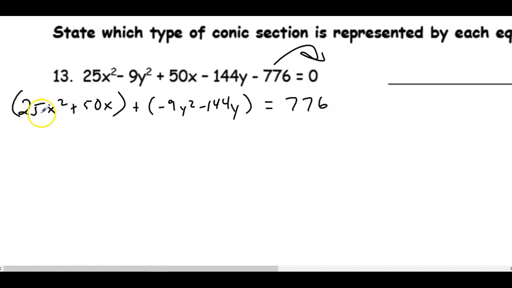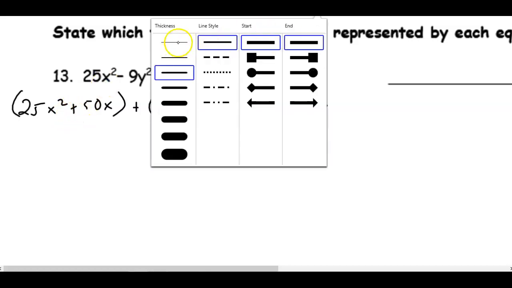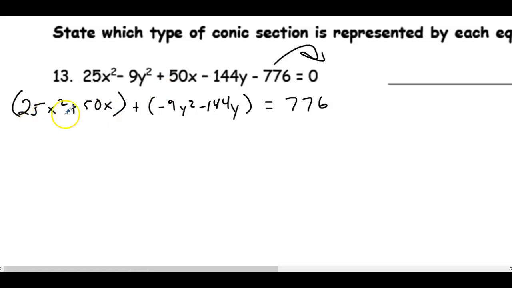So now right here I'm going to factor out the GCF. The GCF in this first set is going to be 25. So I'm left with x squared plus 2x plus a space. I'm putting a space there because I've got to complete the square. Right here I'm going to factor out a negative 9.